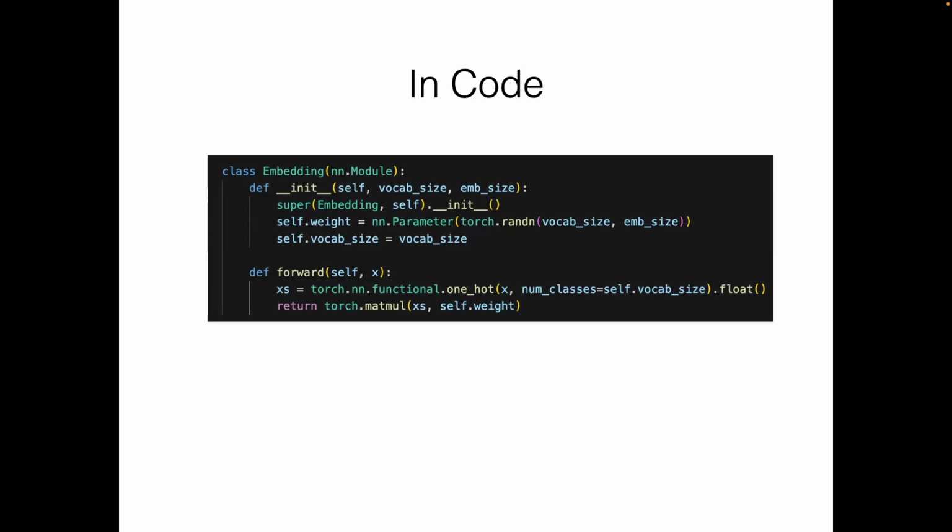So here again, we have a matrix. One dimension is the vocab size, one's the embedding size. Then to actually look up, that'll be this forward function. We'll look up a position x in the embedding table by multiplying this one hot vector, which is what I showed you before.